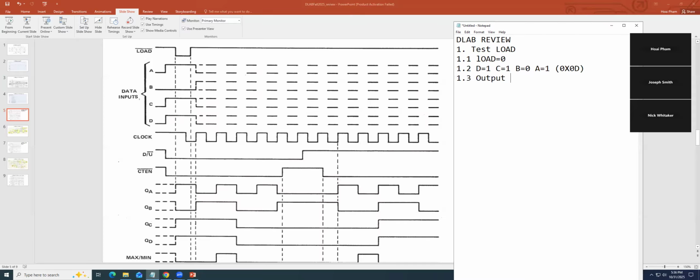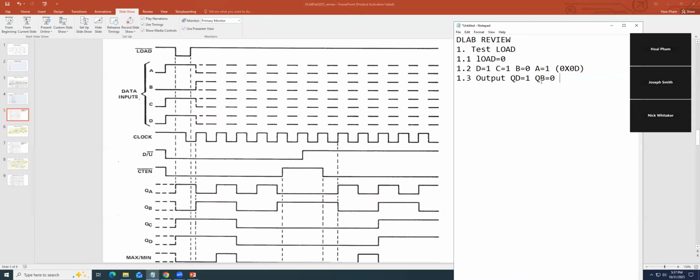QA. Okay. QD equal 1, right? QD is, yeah, 1. QB 0. Wait a minute, you going QD, shouldn't it be C?